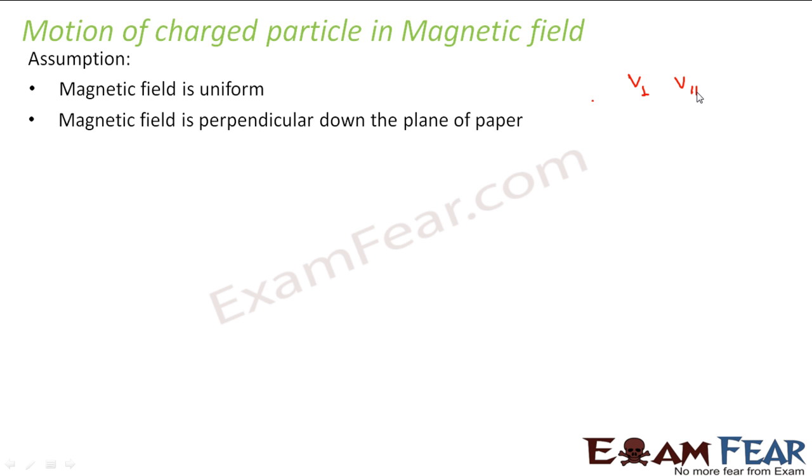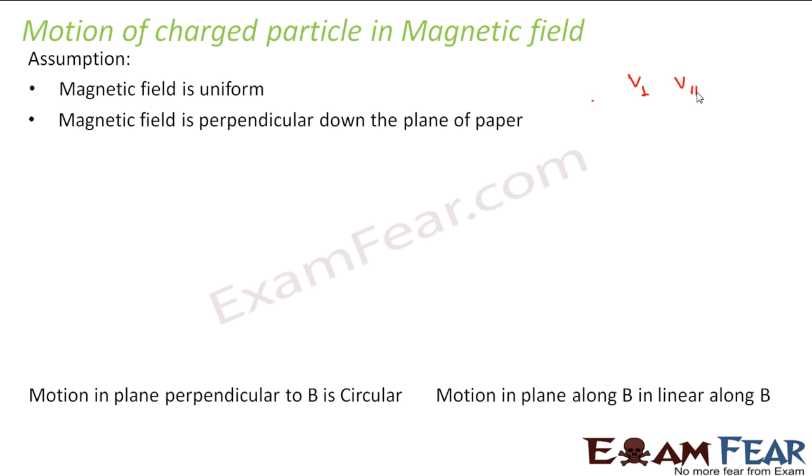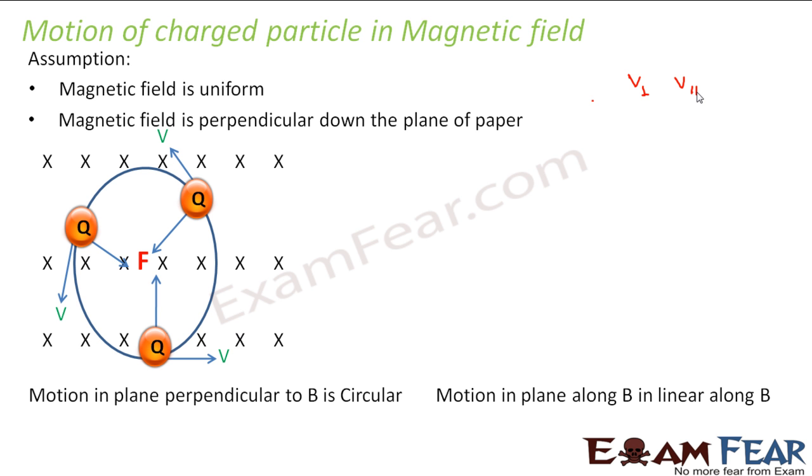So let us first consider the perpendicular component of the velocity of the charged particle. In this case the velocity is perpendicular to the magnetic field.